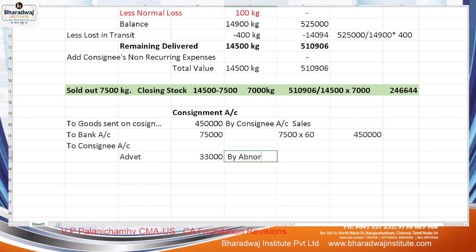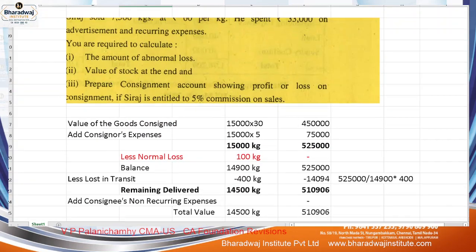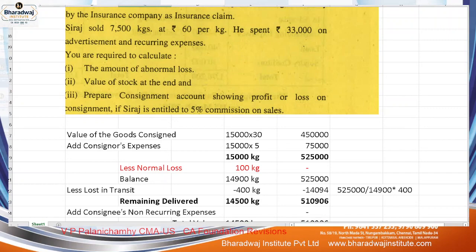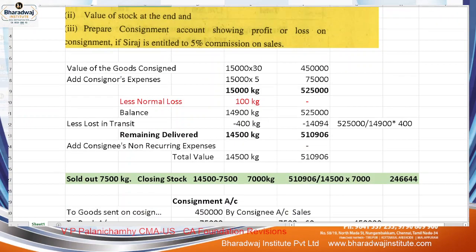Abnormal loss in transit we worked out, 14,094. By closing stock, what is the closing stock value? Any commission? Last line it is given. Commission is 5% on sales.